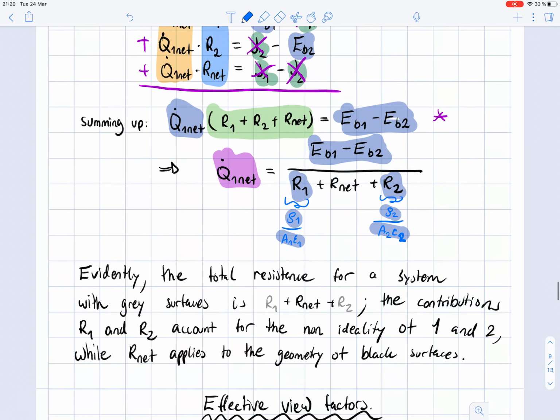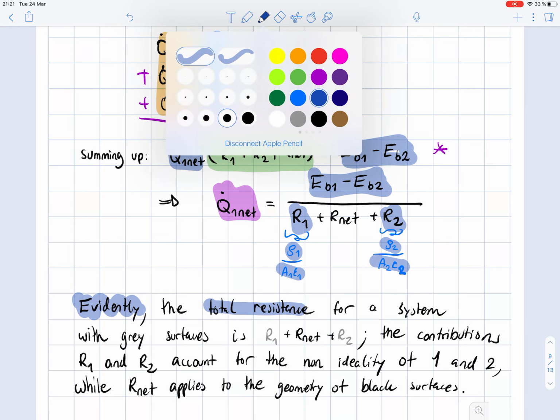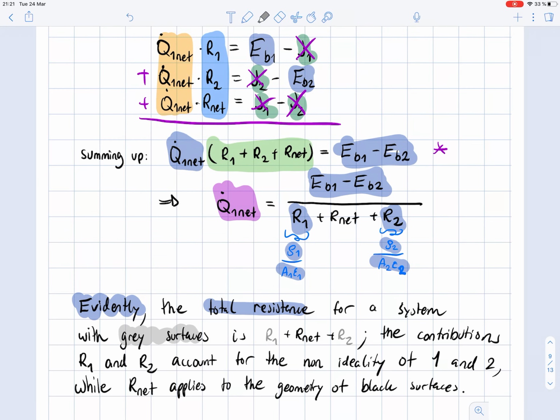So, evidently, the total resistance for a system with gray surfaces is R1 plus R net plus R2.